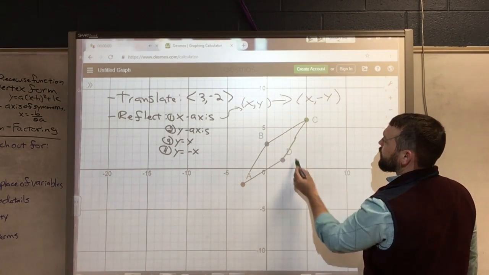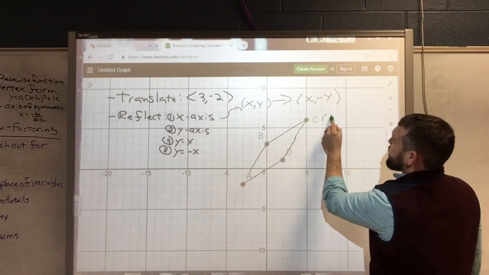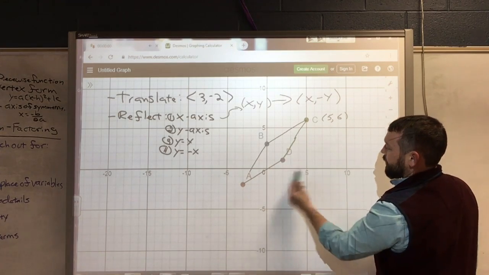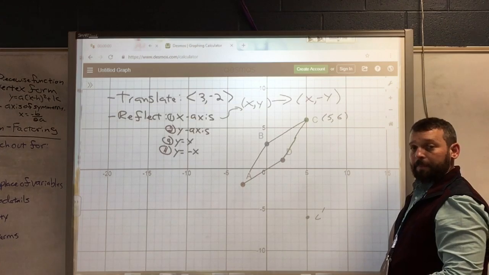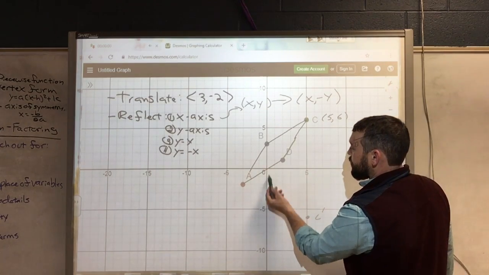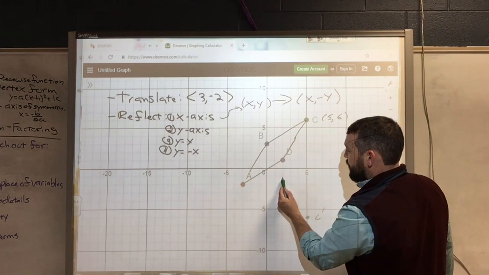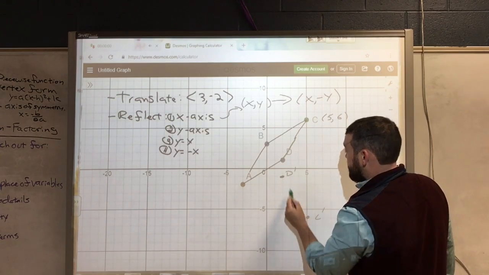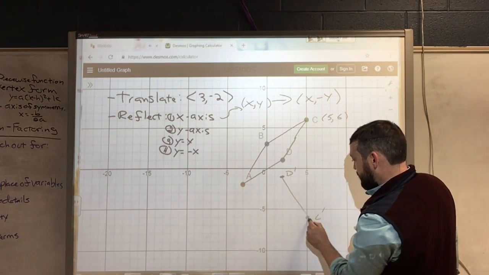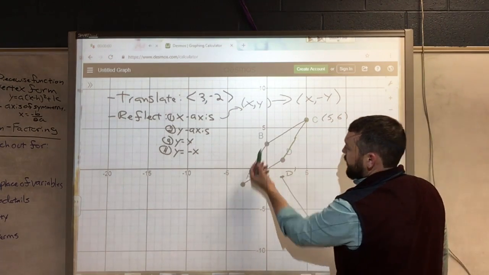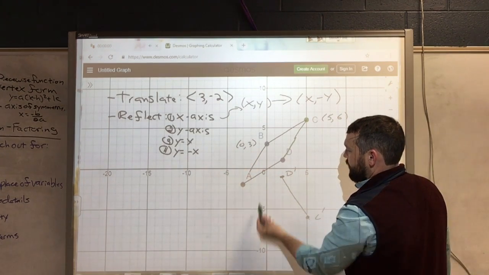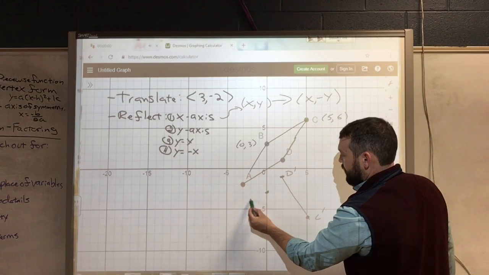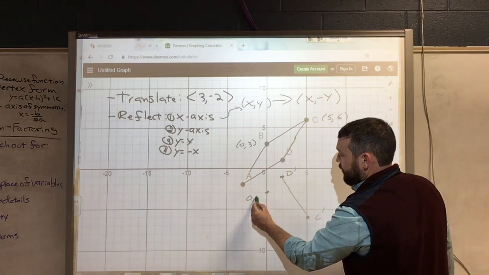So here's what that looks like. Where this point right here was 5, 6, it's now 5, negative 6, that's my C prime. This one was 2, 1, that's going to be 2, negative 1. There's my D prime. So I can go ahead and connect those two. D was 0, 3. That's going to be 0, negative 3.